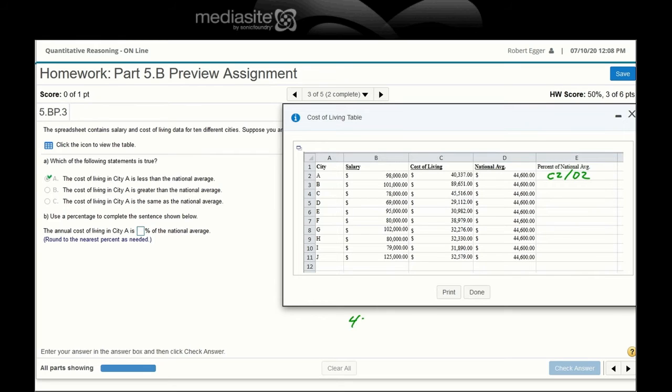So looking at 40,337 over 44,600, which comes out to 0.9044, or 90%.